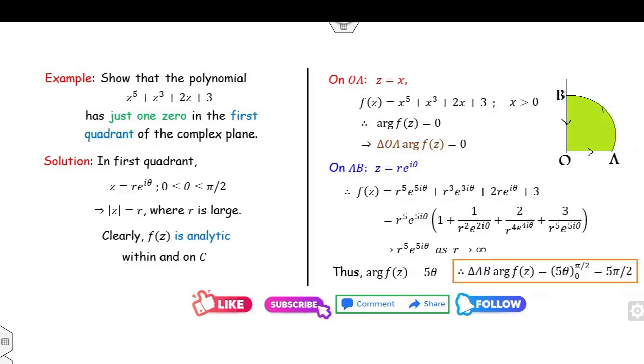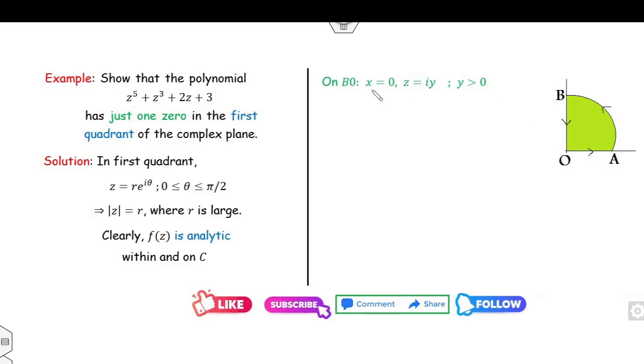Similarly, for the third curve, on the curve BO, the equation is x is 0, z is equal to iota y. So I can substitute the value of z. It is iota raised to power 5, y raised to power 5, iota cube, y cube plus 2 iota y plus 3. What is iota raised to power 5?